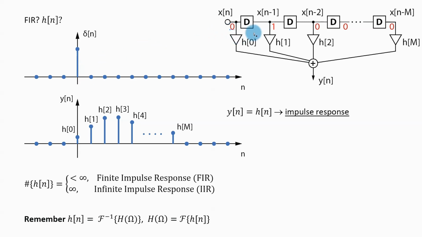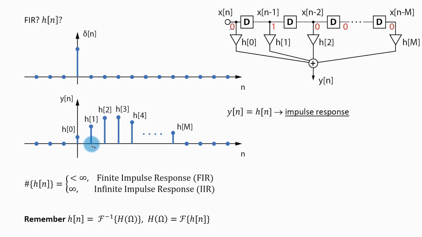So what will be the output in this case? Well, I'm multiplying this h of 1 by 1, and all those other paths are just contributing zeros. So my output will be h of 1, and here you have it. This is my output at time 1.